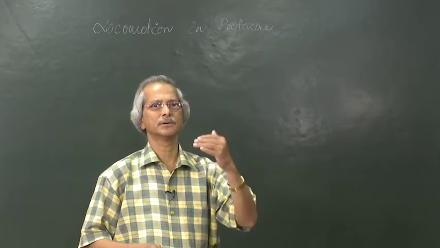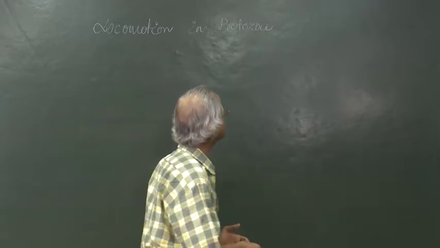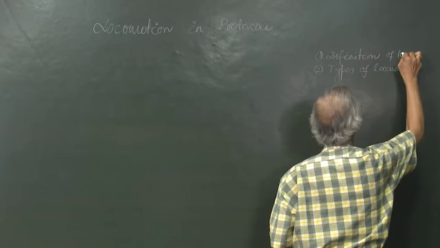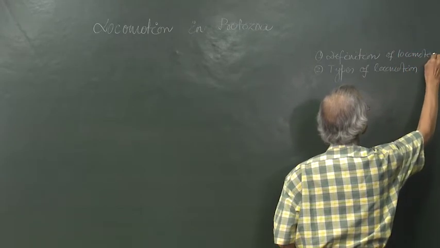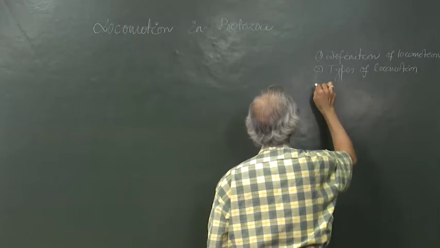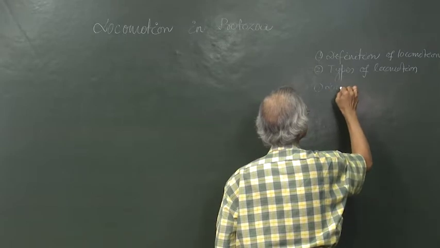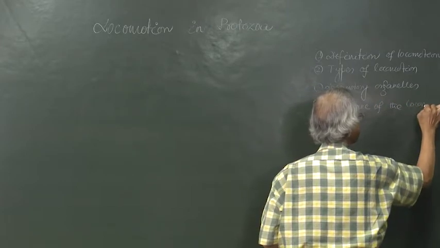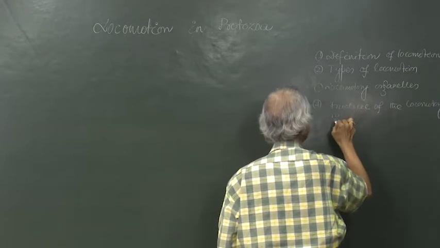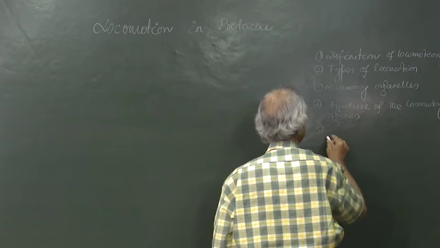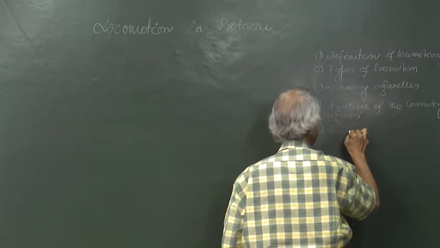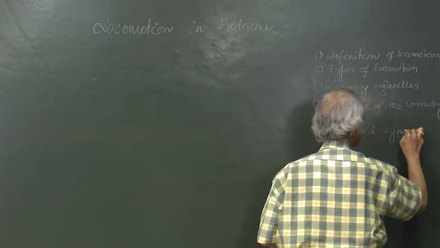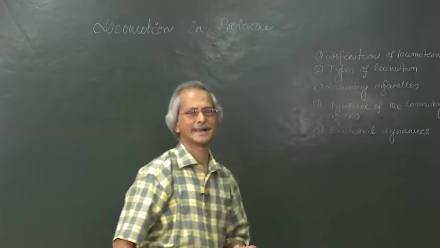We will cover different segments which are like this: definition of locomotion, types of locomotion, locomotory organelles, structure of the locomotory organs, and functional dynamics.